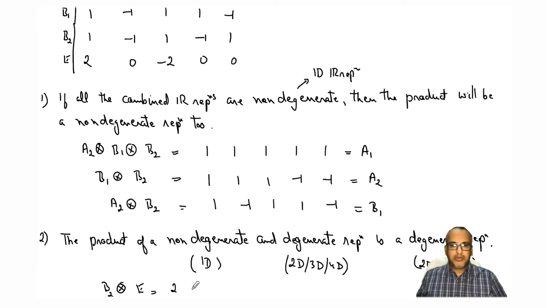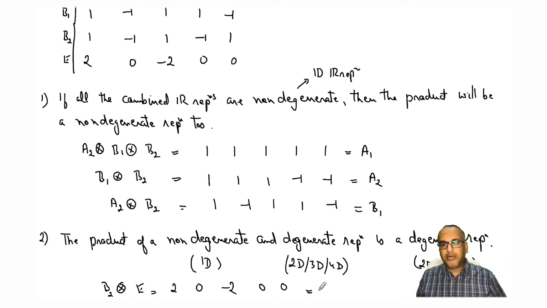Minus 1 into 0, so you have 0. 1 into minus 2, so you have minus 2. And then 0, 0. Because C4V point group has only one degenerate representation and you are bound to get a degenerate representation, no matter what one-dimensional representation you choose here, you will always get E, right?